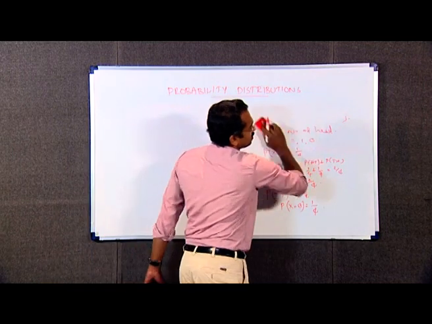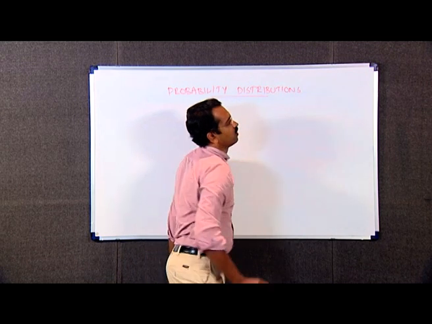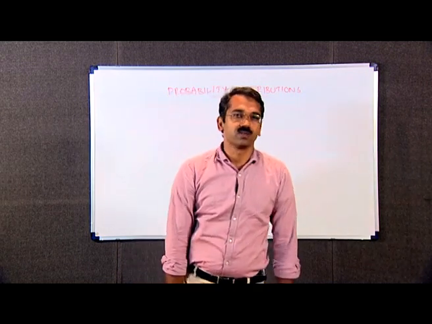In the discrete case, the probability distribution is termed as the probability mass function.